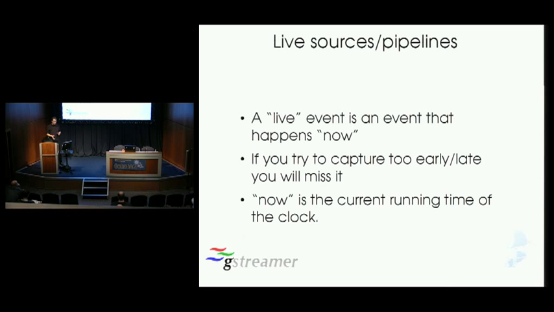A live source is kind of special. In GStreamer, when we say a live source, it is an element where, in order to capture that frame, that buffer, whatever, from outside of GStreamer, we need to do it at that moment in time. We can't do it before. That video frame hasn't arrived yet, and we can't do it later because we will have missed it.